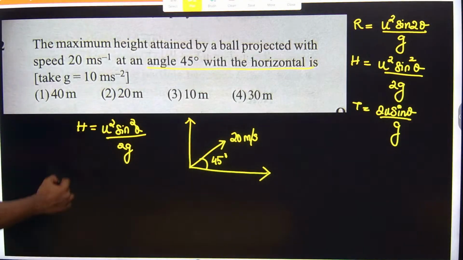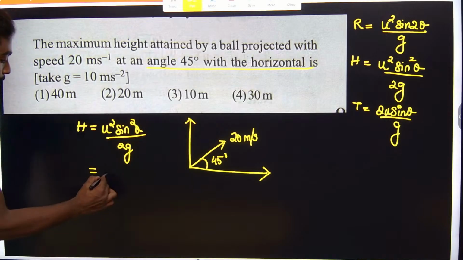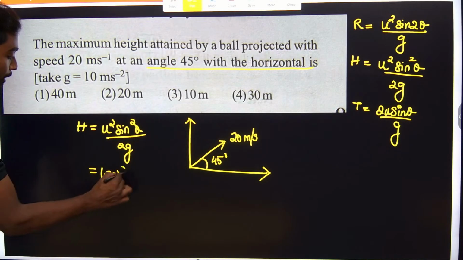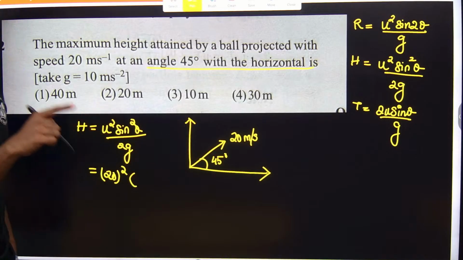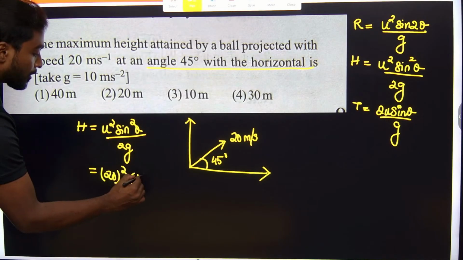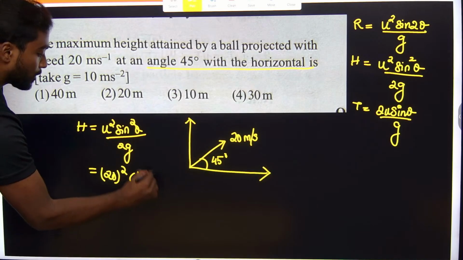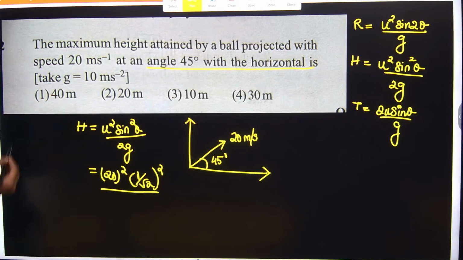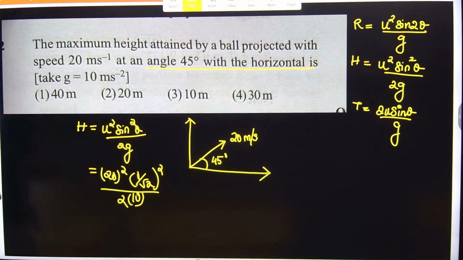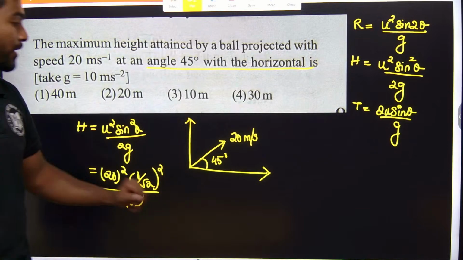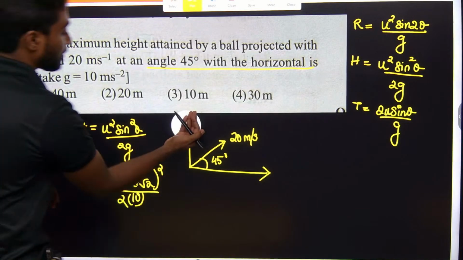Now height they are asking, what is u? 20 meter per second. So 20 the whole square into sin 45, and sin 45 is 1 by root 2, the whole square, divided by 2 into g, and they have given g as 10. Only the calculation part is remaining.